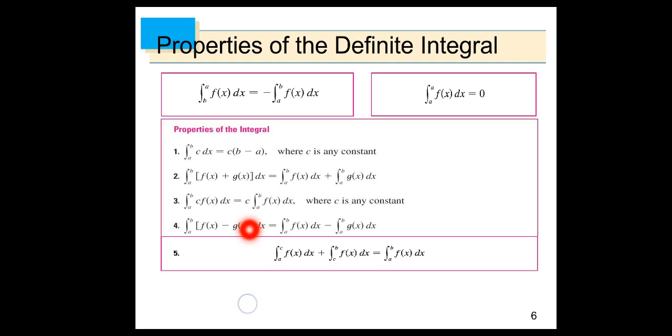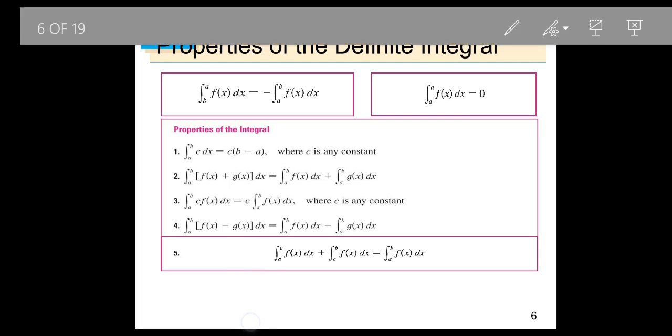Now we have this last property, and this is a really interesting property. It says the integration from a to c of f of x dx plus the integration from c to b of f of x dx is equal to the integration from a to b of f of x dx. What happens is, we have a particular area, and we divide that area into two parts.